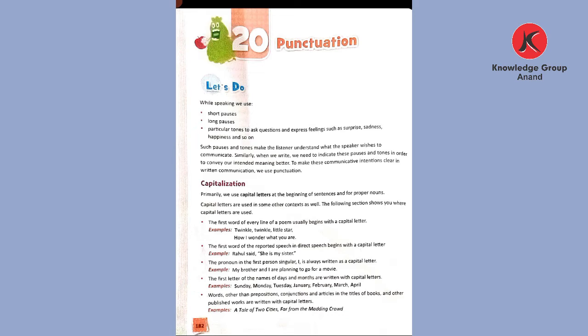We use capital letters at the beginning of sentences and for proper nouns. I am reading this line here: we use capital letters at the beginning of a sentence and with a proper noun.